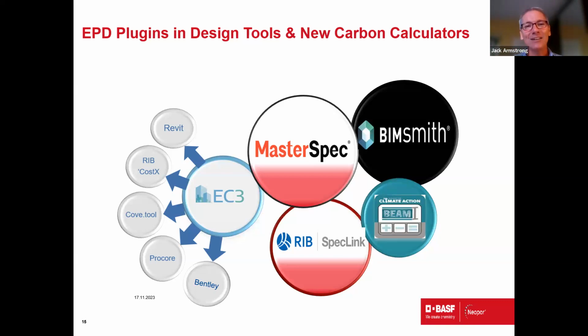And essentially think of it as a database that brings in all EPDs and allows you to compare and contrast and sort them. There's also a part of the EC3 tool that tries to aggregate multiple EPDs together. They call it the Tally tool.